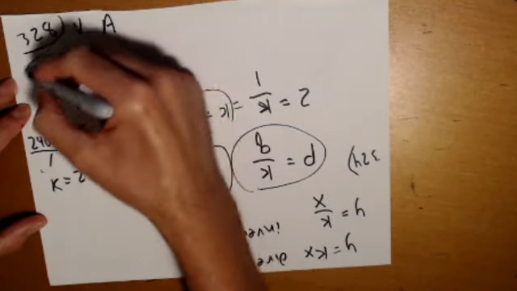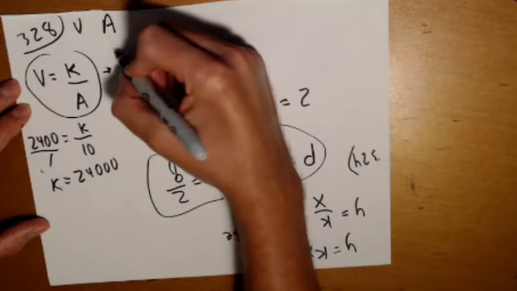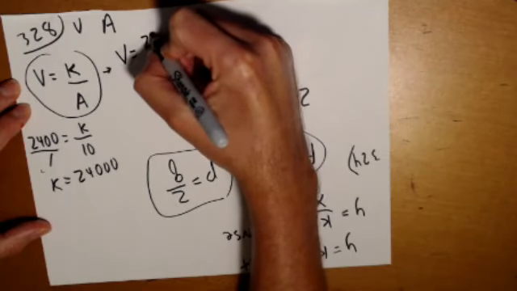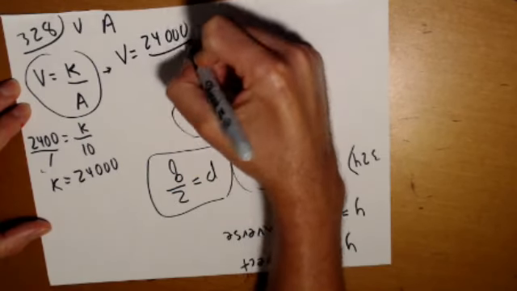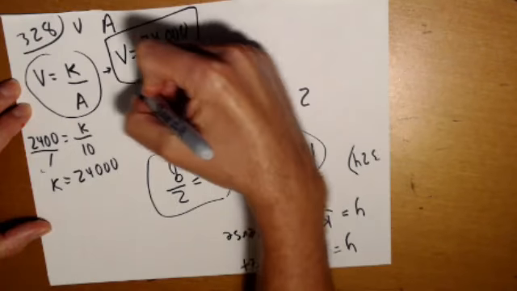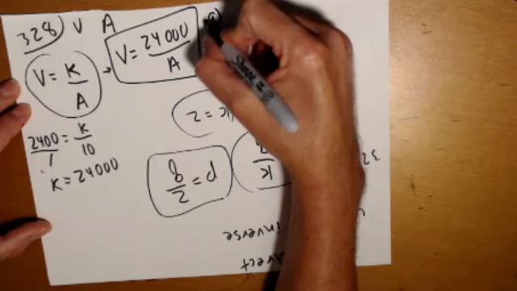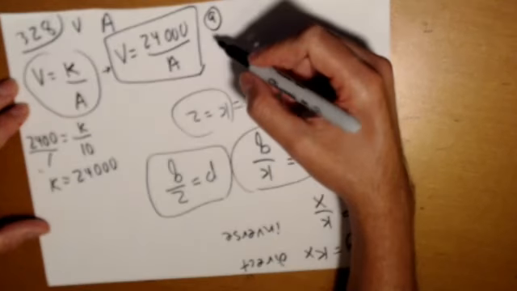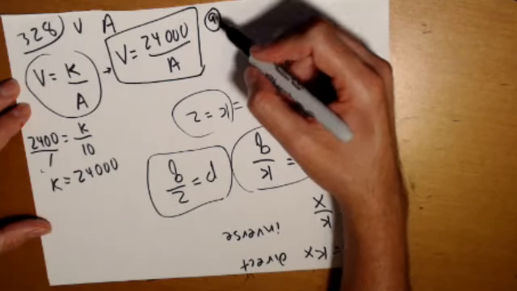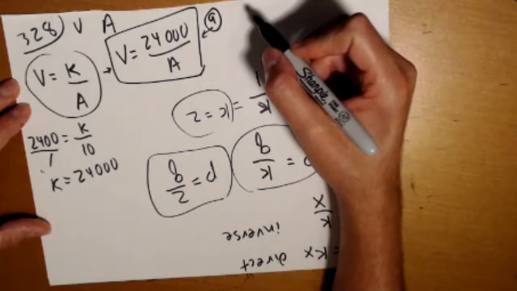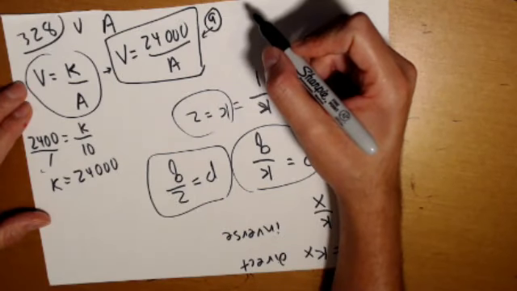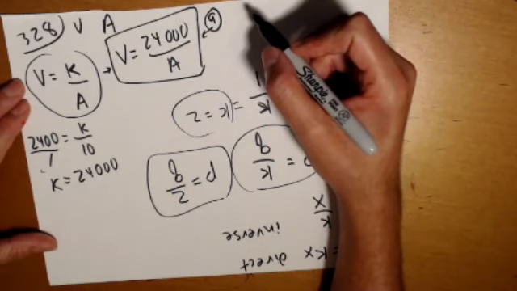So now when we rewrite this, we would say V is equal to 24,000 divided by A. So that's our relationship. That's the answer to part A. Write the equation that relates the car's value to its age. Now B says, what will be the value of the car when it's 15 years old?